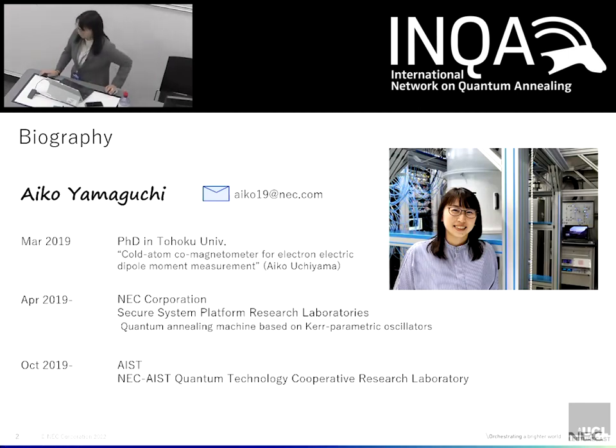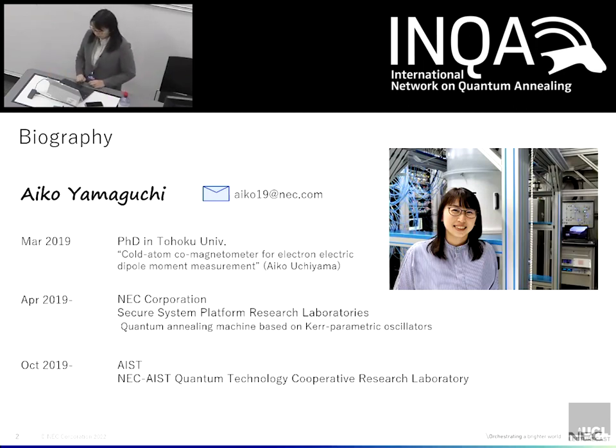Before I start my talk, let me introduce myself. I got a PhD in 2019, and at that time, I studied cold atomic magnetometer to search for fundamental symmetry violation, especially time reversal symmetry violation. So my background is experimental physics.